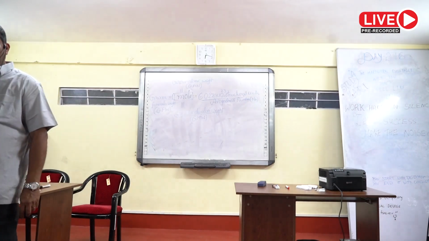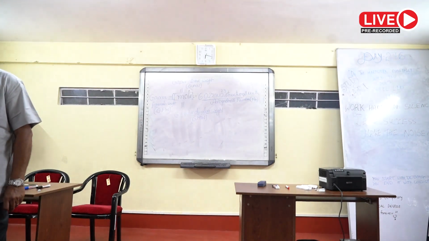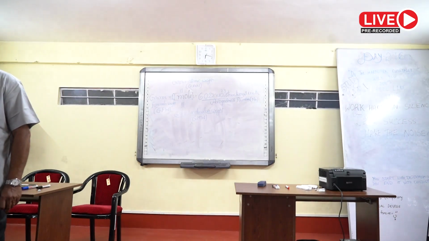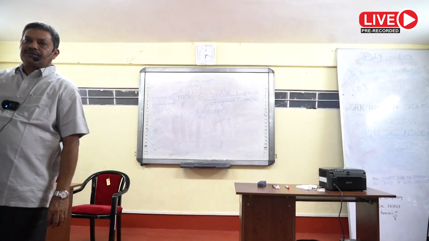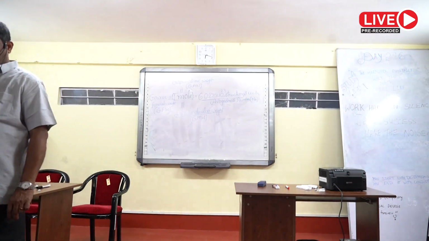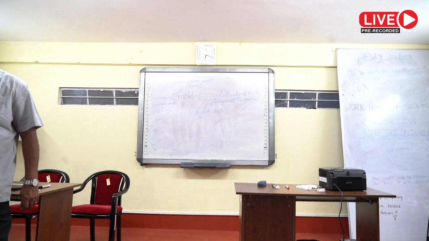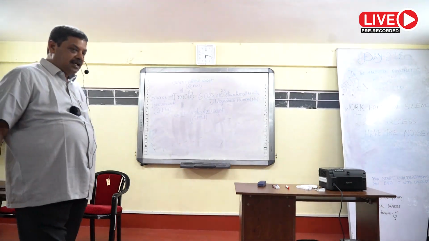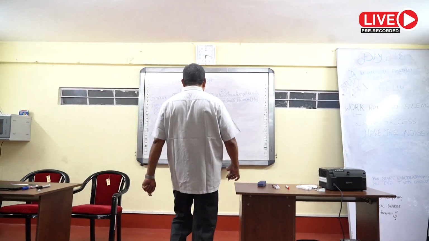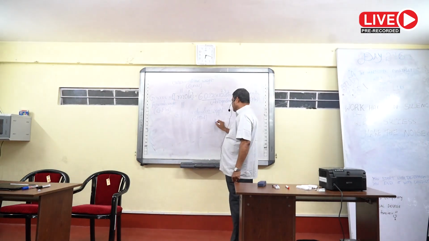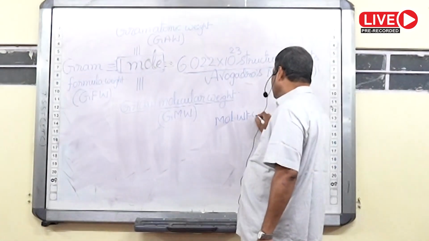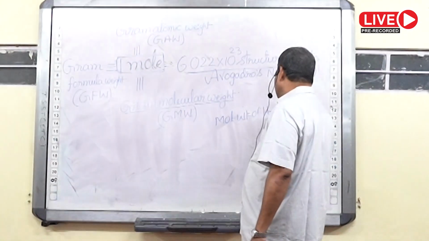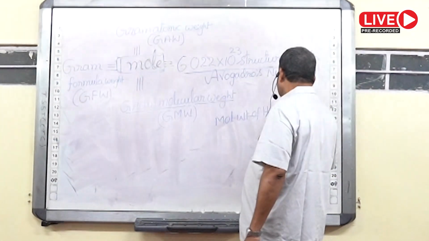Now as I have asked you, what is the number of moles in 90 grams of water? Few students immediately answered 5 moles. Very good. But remaining students were still puzzled how to solve it. Actually the molecular weight of water is equal to 18.